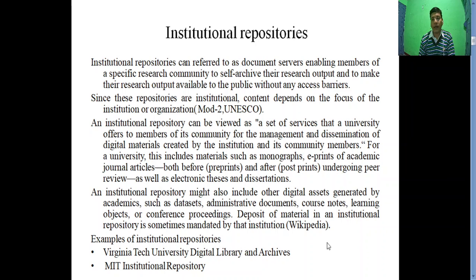Deposit of materials in an institutional repository is something mandated by that institution. Some examples of institutional repositories: Virginia Tech University Digital Library and Archives, MIT Institutional Repository, and many more.